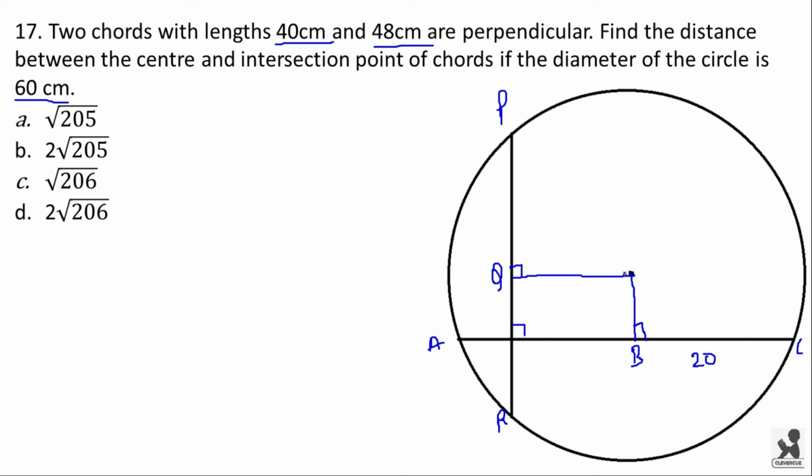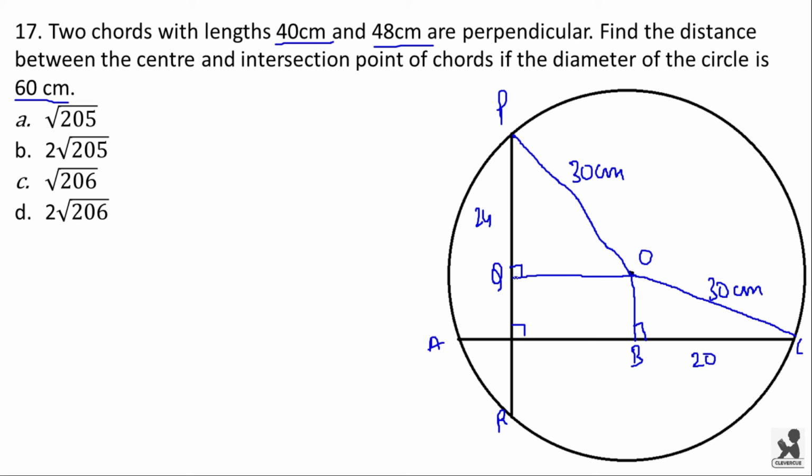And the radius of the circle is given as 30 centimeters because the diameter is 60 centimeters. Similarly, if you connect this center, let this be O, with point P, you have this as 30 centimeters and the length of PQ will be 24 because it is 48 by 2.